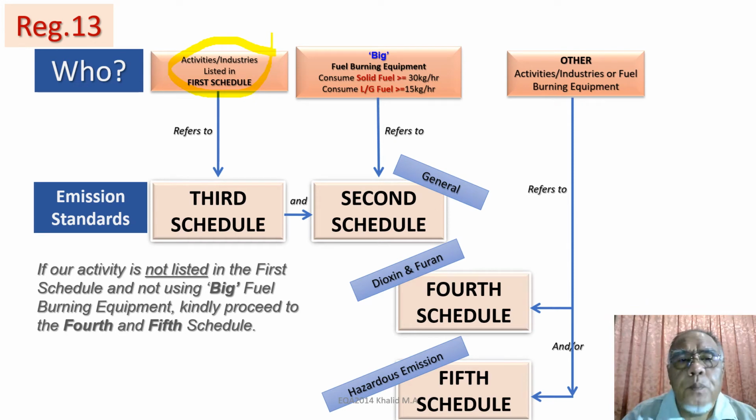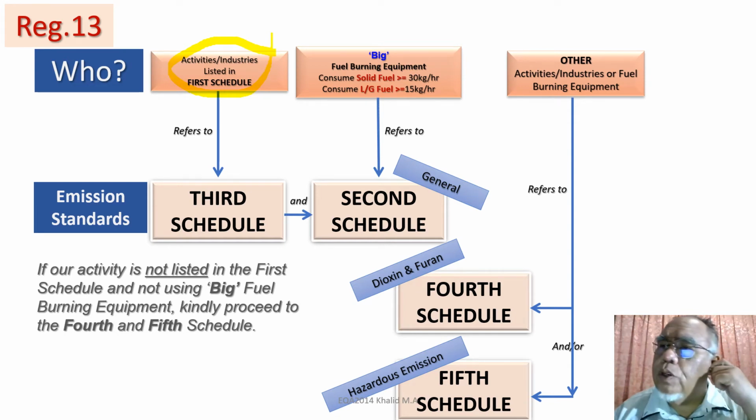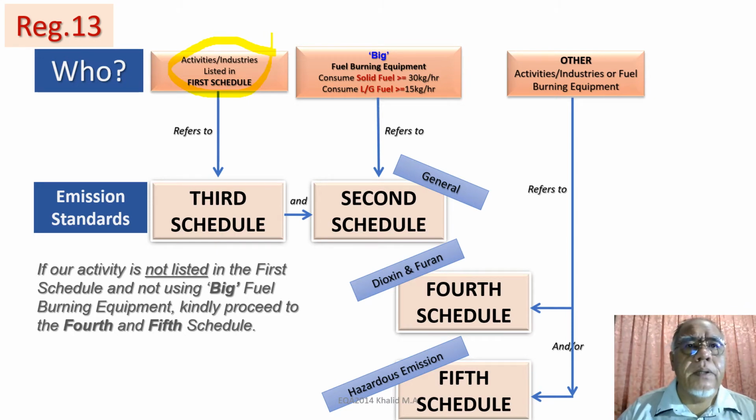And remember, if these industries are listed in the first schedule, all the emissions of air impurities coming out from their process, the air pollutants, it could be SOx, NOx, total particulate matter, and all other hazardous air impurities like lead, mercury, even dioxin and furan, all of them are already listed by the law in the third schedule for their respective type and nature of industry.